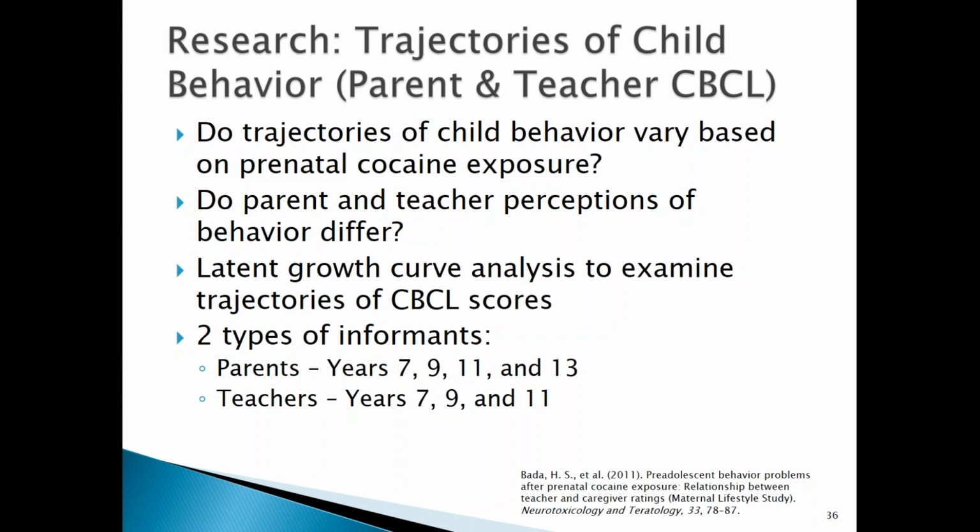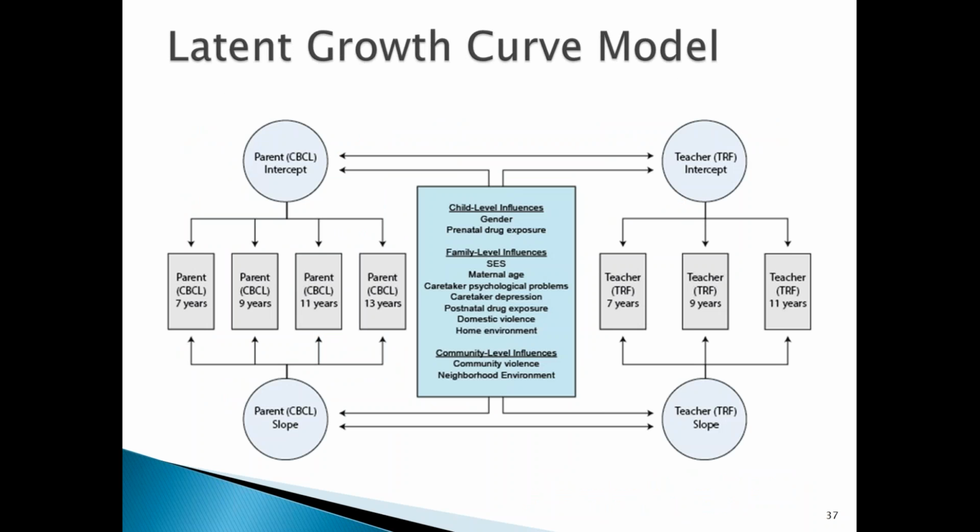And here's the information we had from parents and teachers. At years 7, 9, and 11, we had both, and at 13, we only had parents. So here's our model. In latent growth curve models, you have latent variables for the different parameters of the growth curve. For example, the circles represent the intercept and slope of that growth curve, and we have one for parents and one for teachers.